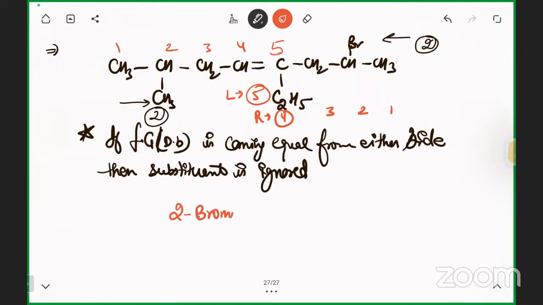So the name we will write: on the second position we have bromine, so it will be 2-bromo, 4-ethyl, because C2H5 is present.